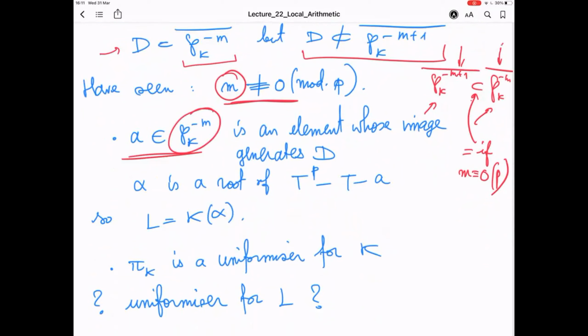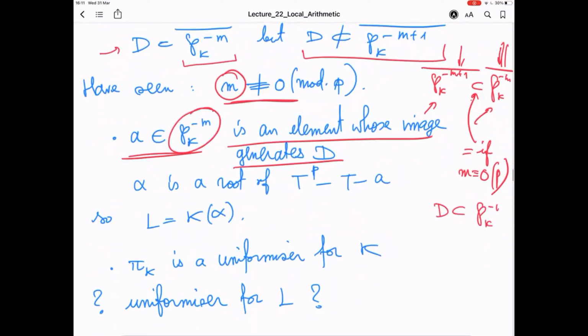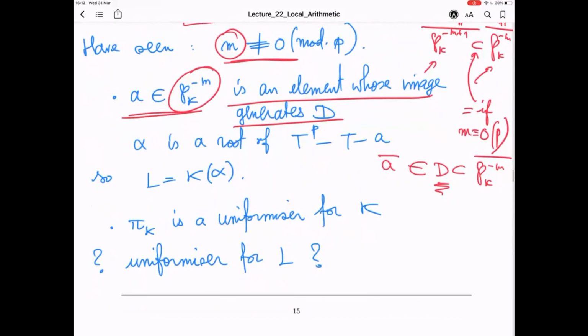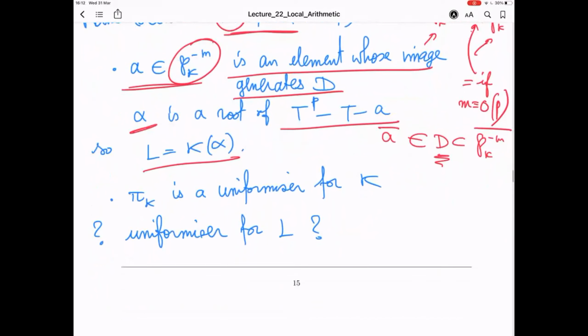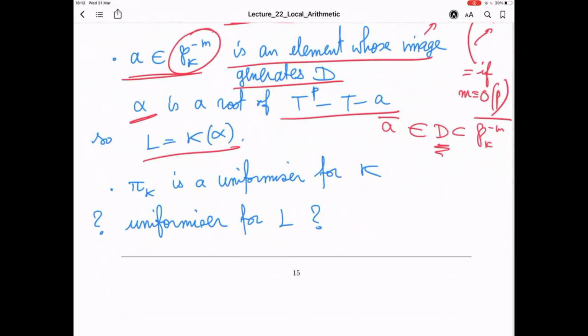After all, this here is the image of ℘_K^{-m}, right? So I take an element whose image generates D, that line D inside ℘_K^{-m} bar. So a bar should belong to this line and should generate this line. And then I take an alpha, which is a root of this t^p - t - a, and L is the extension obtained by adjoining alpha to k.